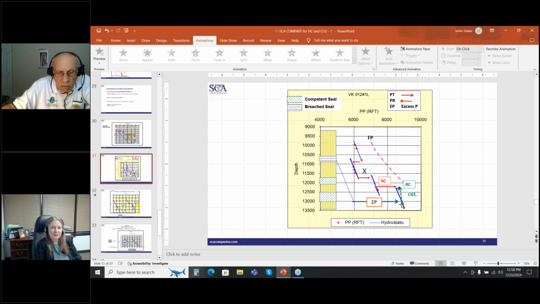It has no hydrocarbon. When you add the hydrocarbon here, you add that 400 psi as a hydrocarbon. But when you produce this zone from the overpressure zone, you take that 400 psi away and you can replace it with carbon dioxide. Yeah, I think this is more safe.